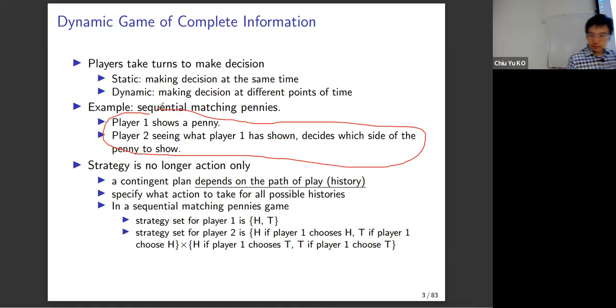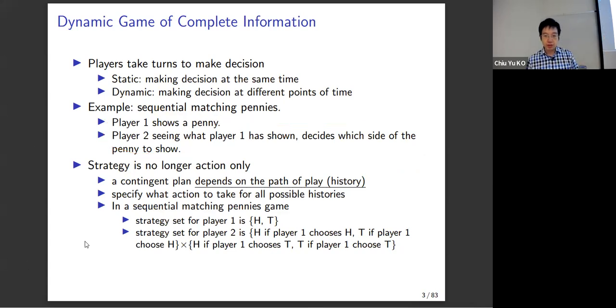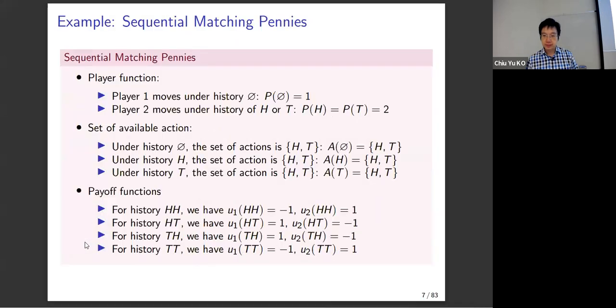But when writing in words, you have to be very careful to define the payoff carefully, because sometimes you miss some history. So you have to make sure you specify all possible histories.